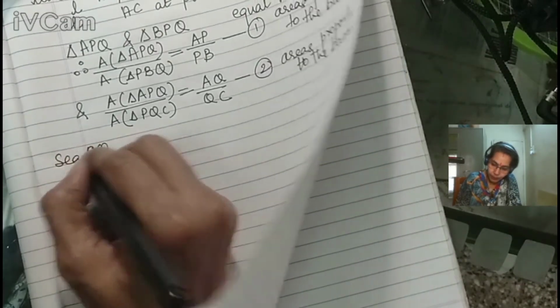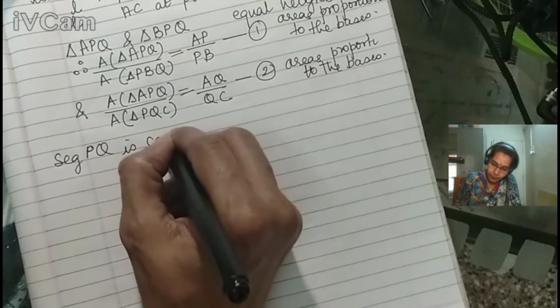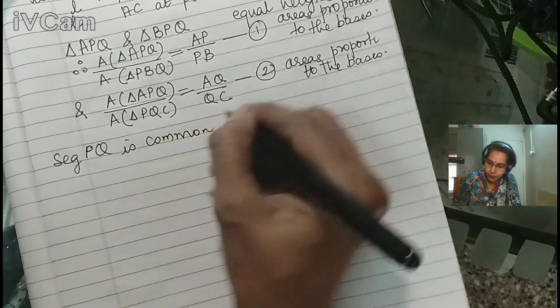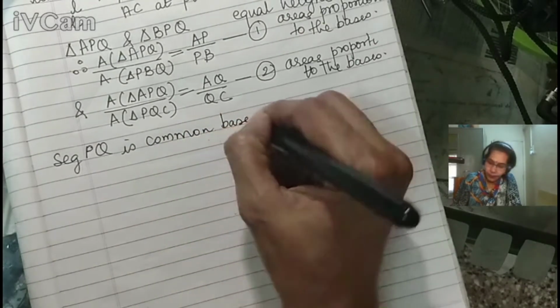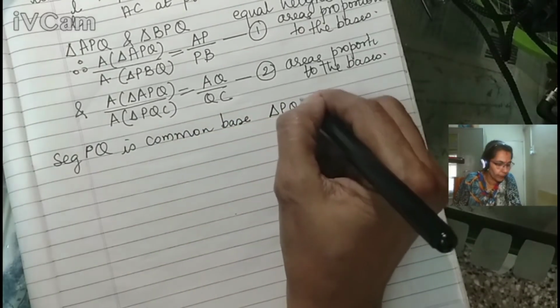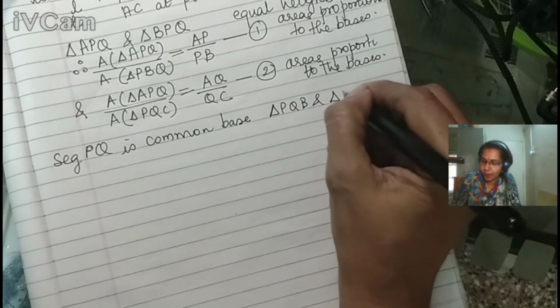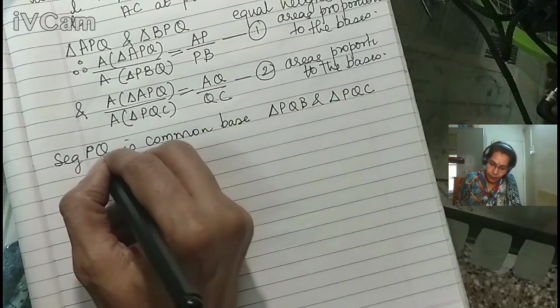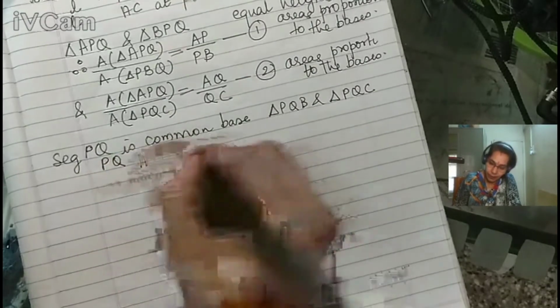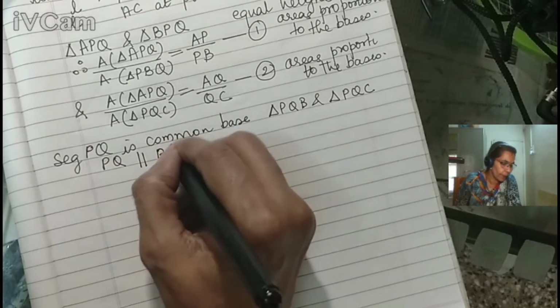Segment PQ is the common base of triangle PQB and triangle PQC. PQ is parallel to segment BC.